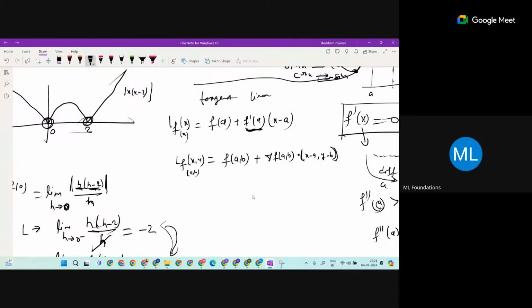Once you know the linear approximation, what is the quadratic approximation?